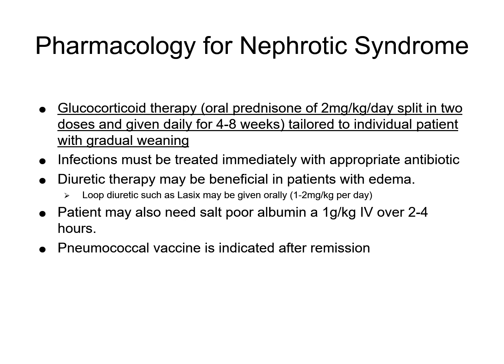Also, the patient may need to get salt-poor albumin infusion that can help them with their albumin loss. And always, and this is one of the things, these people are more prone to development of any immunosuppressing disease, and so they would give them pneumococcal vaccine after they have gone into remission.